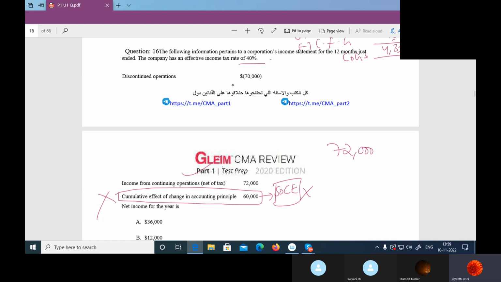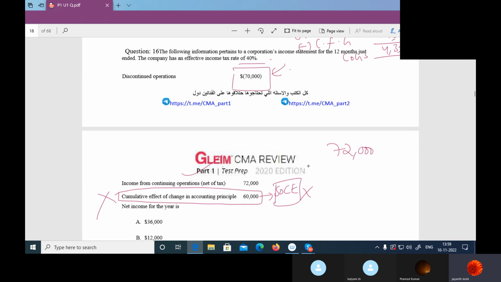What is the discontinued operations? You got this 70,000, correct? It's a loss, am I right? Yes. So discontinued operation has given you a loss, and we will take 60% of this, adjusting for the tax rate, because the 40% is deducted.